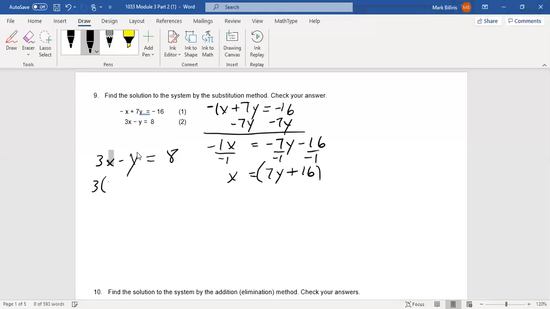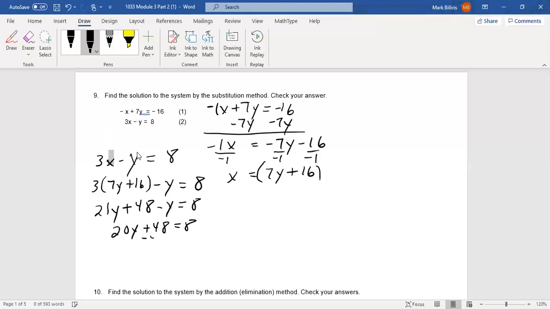Instead of x, we're going to put in 7y plus 16, and we have minus y equals 8. Distribute, so 3 times 7y is 21y. 3 times 16 is 48, minus y equals 8. Combine like terms, so 21 minus 1 gives us 20y, plus 48 equals 8.